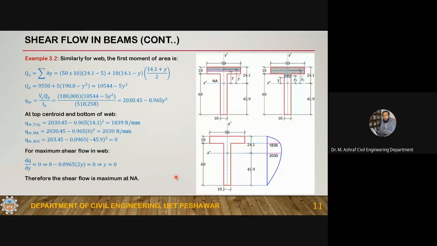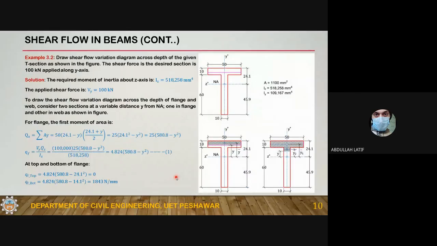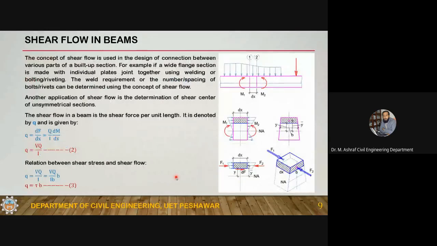Now, sir, in actual practice, what does this quantity show? In actual practice, this is a term which is used in the design of the connection of a built-up section. So this is a term which you will have to calculate. Sometimes there is no physical existence of a term like this.